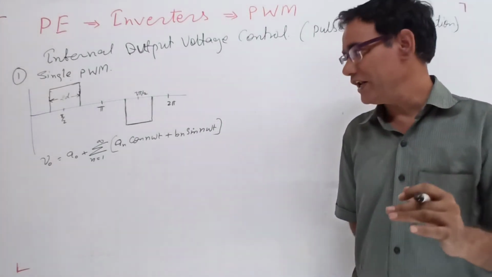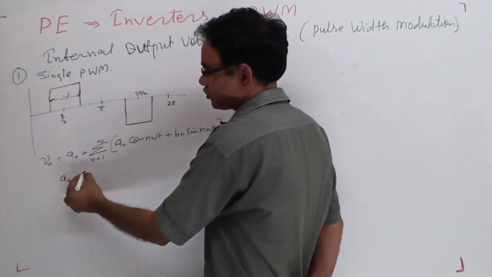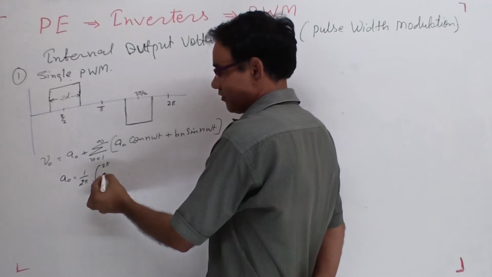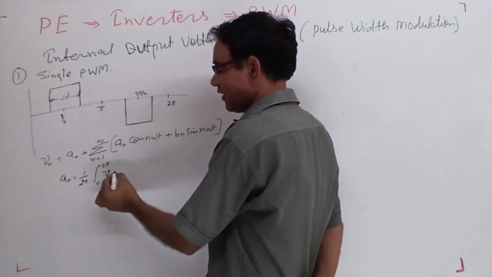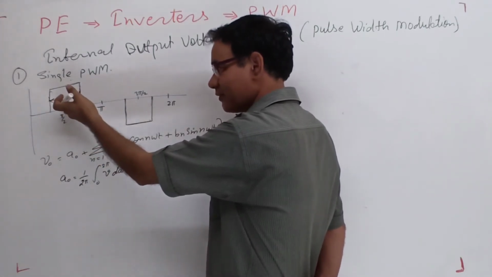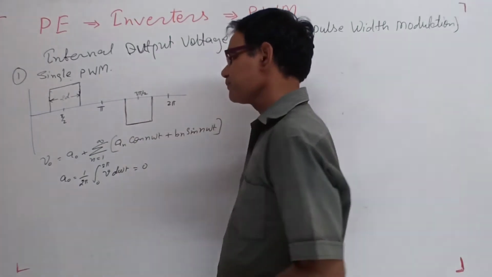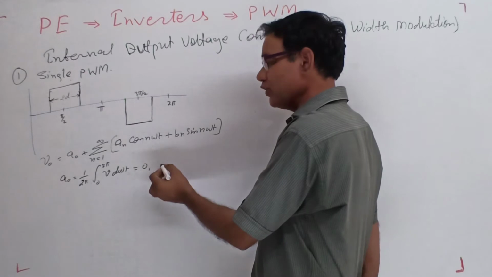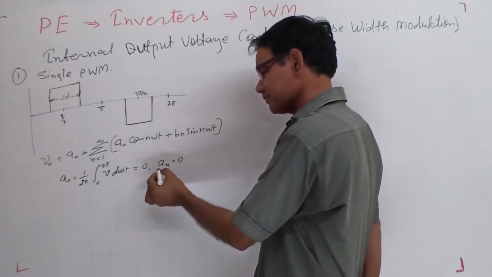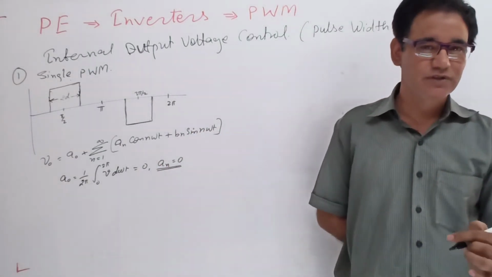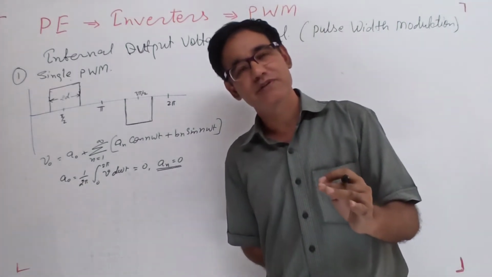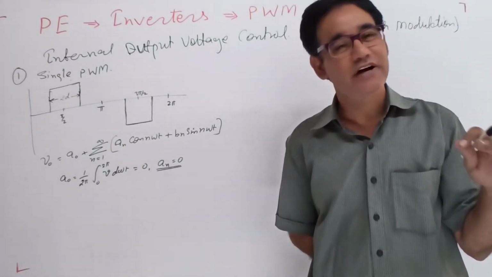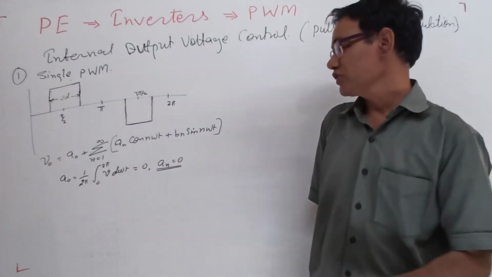If we take the average value for the whole cycle, A naught is equal to 1 upon 2 pi, integral from 0 to 2 pi of V d of omega t, and since it has equal positive and negative values, it is 0. We also know that an is 0, because it has equal positive and negative parts and is symmetrical about the zero axis. Definitely an is 0, so only bn remains.